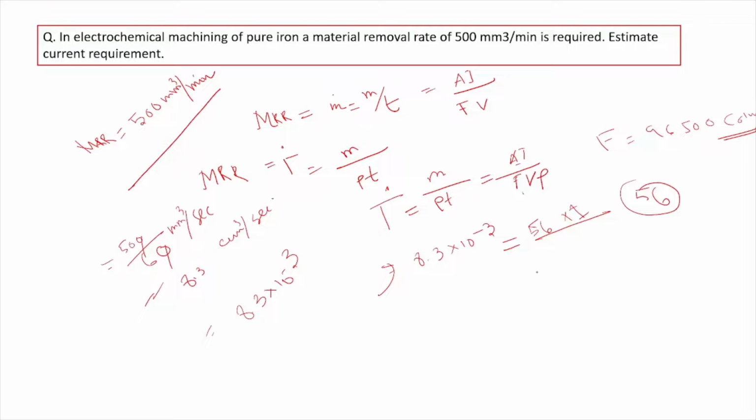Then we need to find out the current I, divided by F, which is 96500, into V. The valency V is 2, and rho, the density of the material, is 7.8 gram per cc.